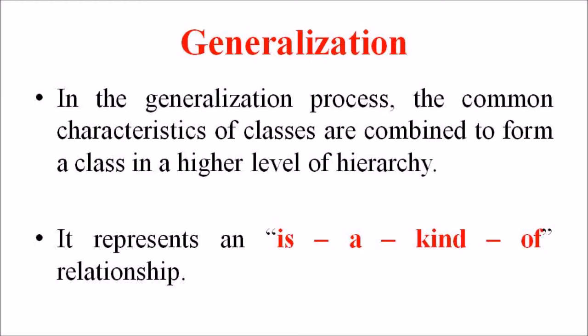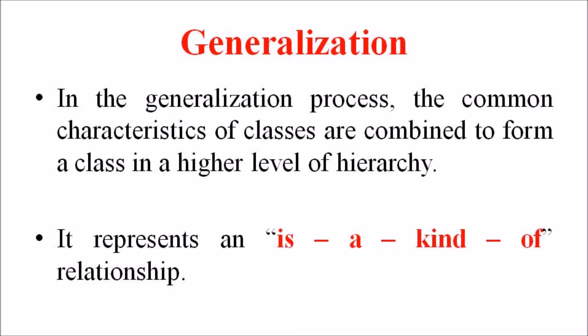It represents an is-a-kind-of relationship. For example, car is a kind of land vehicle, ship is a kind of water vehicle, or aeroplane is a kind of air vehicle. So generalization represents an is-a-kind-of relationship.